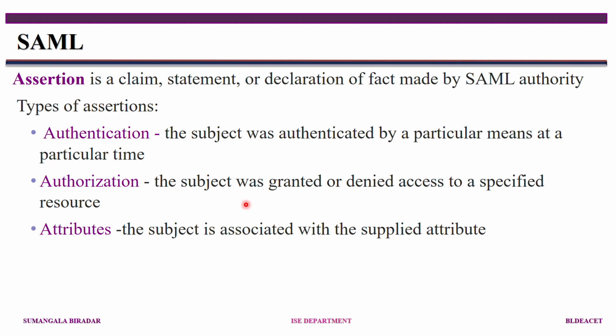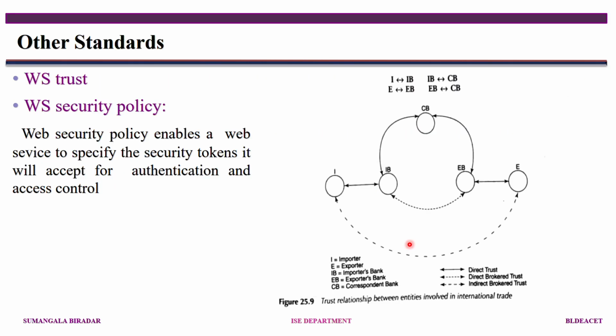Like that, based on their authentication, you have to decide which type of resources are allowed to be accessed by that authenticated subject here. Attributes: a subject is associated with the supplied attribute here.